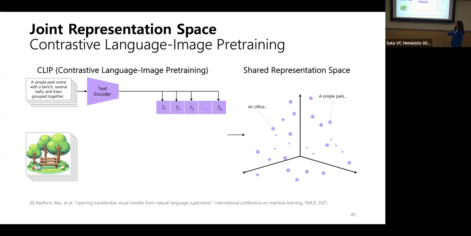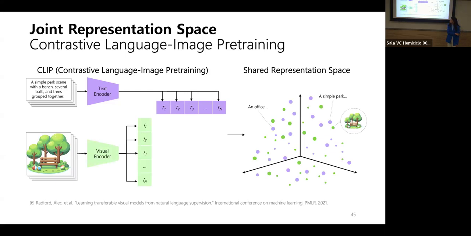Then we can map these text embeddings to the representation space, and we can do the same with the visual information for the images. We can compute the cosine similarity between these two embeddings and perform contrastive learning, which aims to minimize the distance when these two modalities match, and maximize it when they don't. We call this contrastive learning.